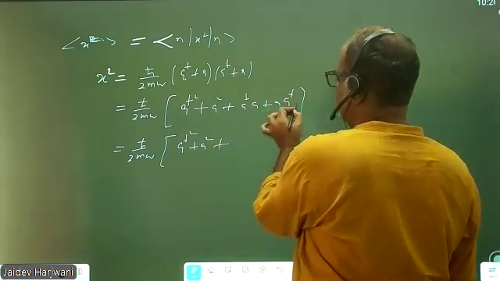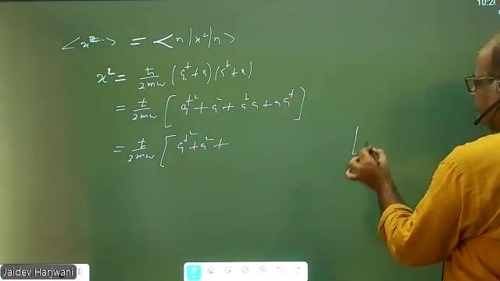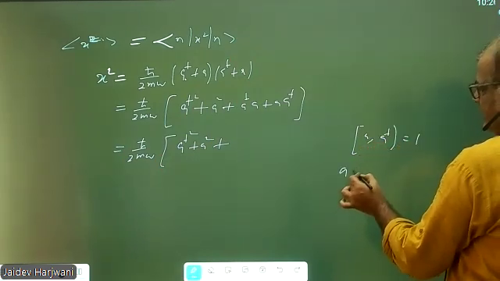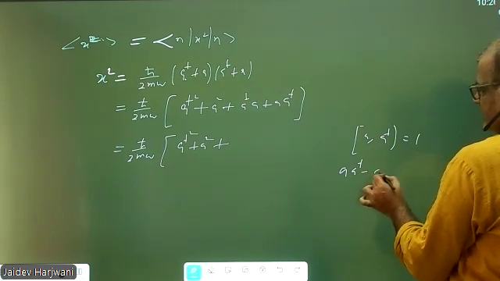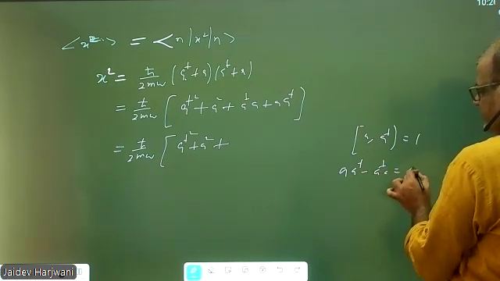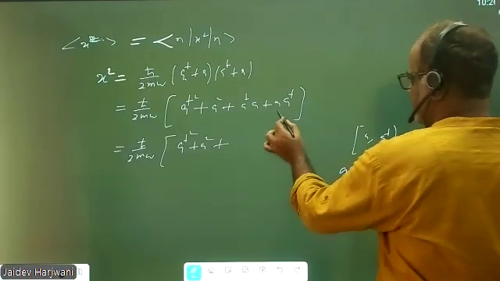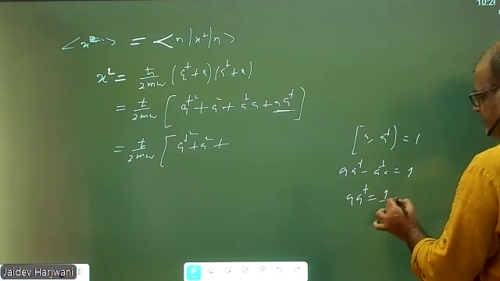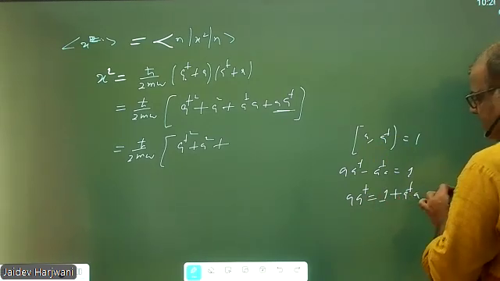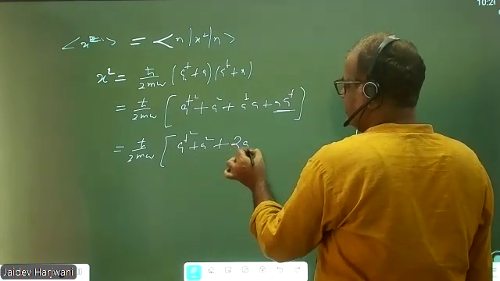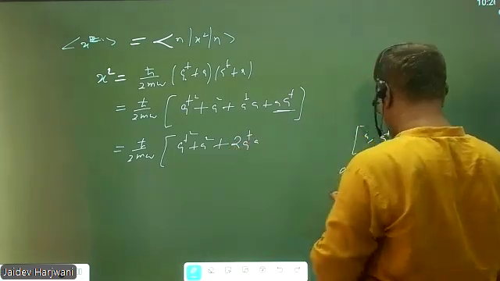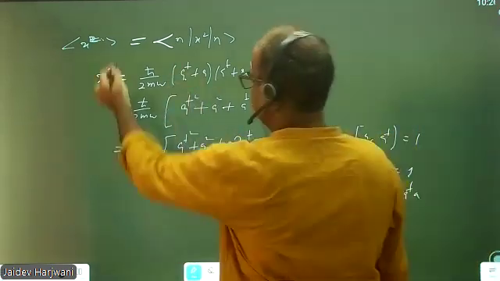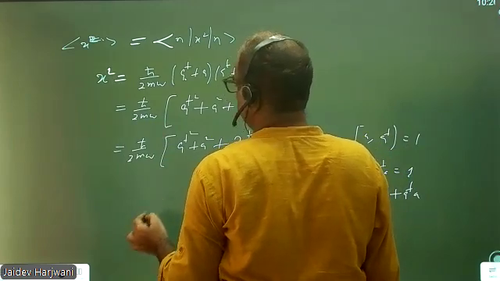Now let us write this because we know the commutation relation. a a dagger minus a dagger a is equal to 1. And now I want to write the value of this one. So the value of this one will be 1 plus a dagger a. So this becomes 2 a dagger a plus 1.